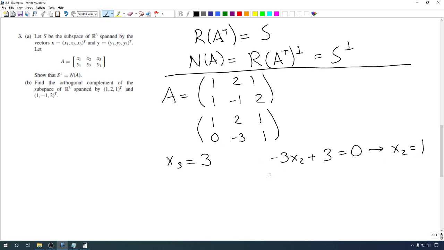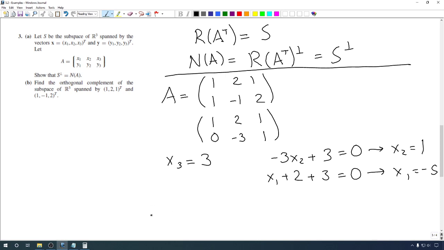And then from our first row, x1 plus 2 times x2, which is 1, plus 1 times x3, which is 3, is equal to 0. So x1 is going to be negative 5. Based off this one choice of x3, we are able to find out what the vector was. And in fact, picking any other value for x3 is just going to scale all of this by the same factor.